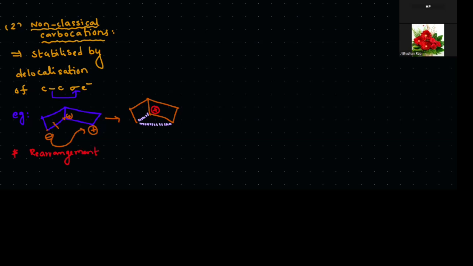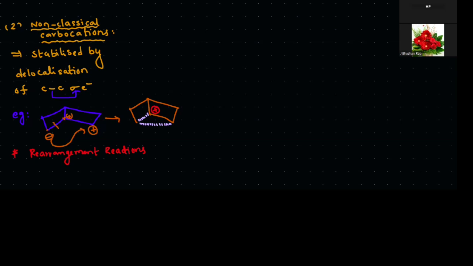Only this kind of carbocation stabilized by the sigma electrons of carbon-carbon, that kind of stabilization we will observe only in rearrangement reactions. Okay, that one we'll discuss separately. So these kinds of conditions are majorly non-classical.